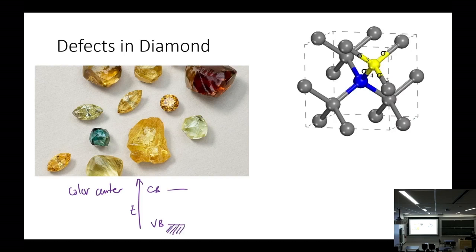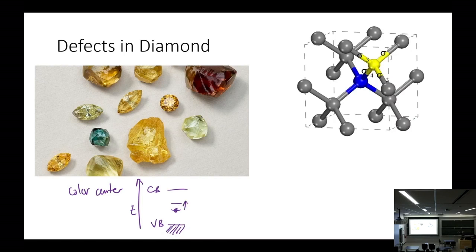So normally, this is a diamond. The band gap of diamond is like 5.5 electron volts or something, so it's not very useful for anything. Just looking pretty. But I can embed a defect in there and install a pair of energy levels that allow me to do some fun things.